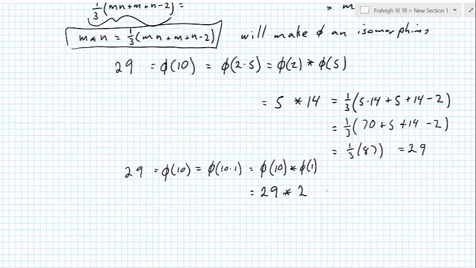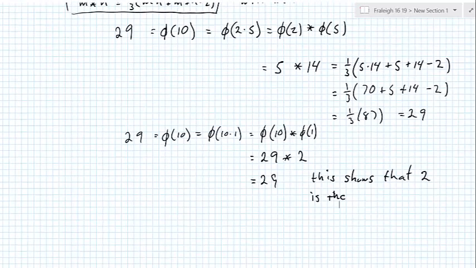And that should still equal 29, so I claim this shows that 2 is the identity of star as defined.